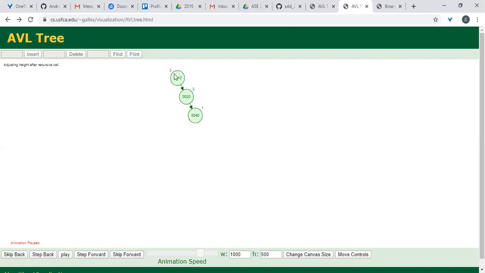So you see, this is important because this is the place where we will rebalance the tree. It's the first node from the root backwards. So going back from the new node towards the root, it is the first node that will give us a value that says to us, hey, now you have an unbalanced tree.